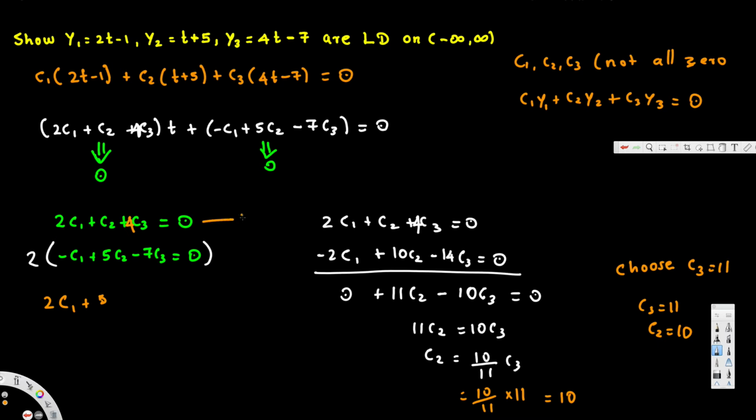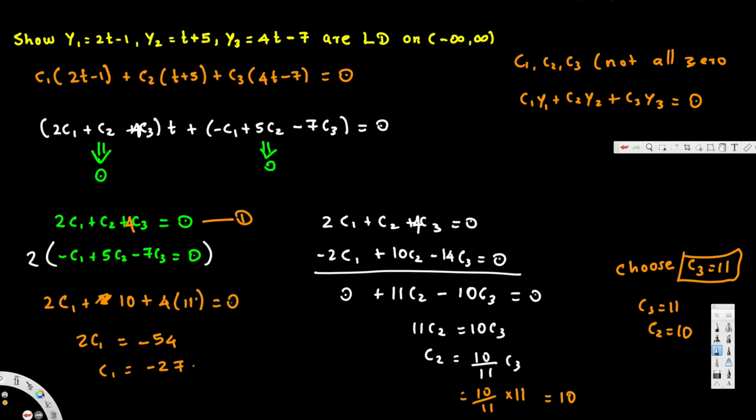I'm looking at this equation, so this is not 5 times, this is just 10 right here, and then the third term is multiplied by 4 times C3. We chose 11, so let's put 11 right here, and that's going to be equal to 0. And 2C1 plus 44 plus 10, that's going to be 54, and if we bring it to the other side, that's going to be negative 54. Therefore C1 is going to be equal to negative 27.